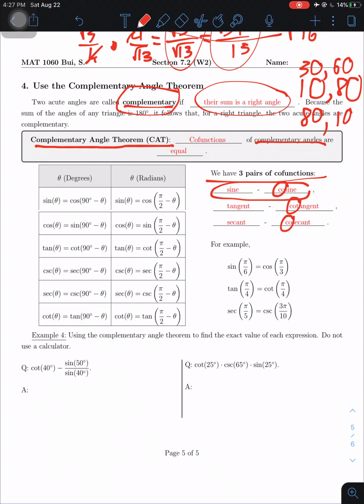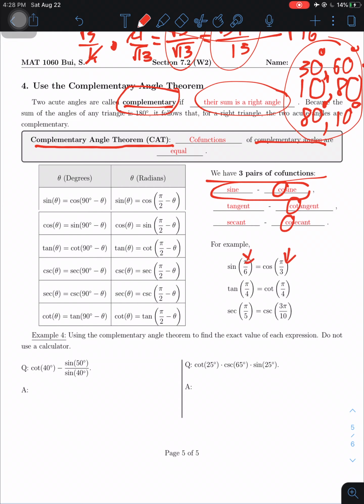Alright, so right now, the system that you see right here is easy because we're doing them in degrees. So you know that 60 plus 30 is 90, and 10 plus 80 is 90 degrees, right? But we learned about the radians system already, so let's take it to the next level. How about having it in radians?